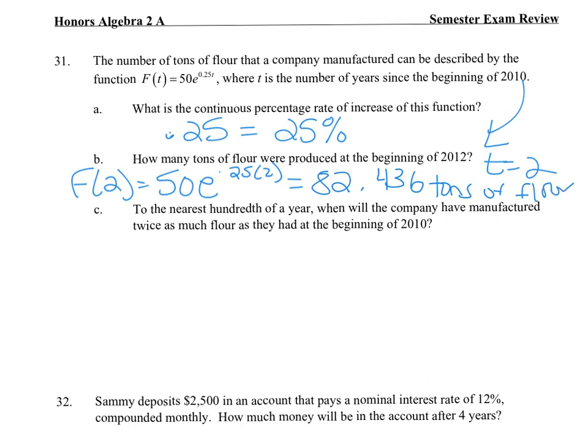All right, to the nearest hundredth of a year, when will the company have manufactured twice as much as they had at the beginning of 2010? Well, if they started with 50, twice as much is 100. So we're going to divide by 50.